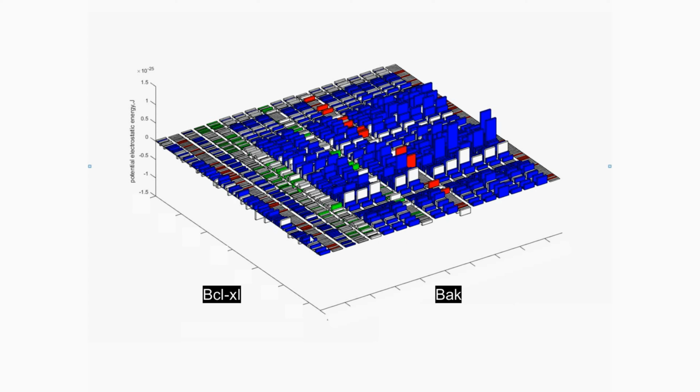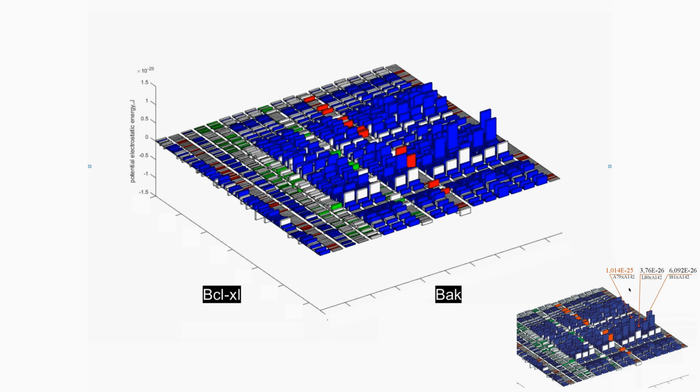Let us consider in more detail a three-dimensional map of pairwise electrostatic interaction of two polypeptide chains. Along one axis we plotted amino acid residues of the back peptide, in which the amino acid residue will be replaced. On the other axis we have the amino acid residues of the BCL-XL protein. We see a positive area of potential energy. Let us consider in more detail the peaks in the region of the maximum positive value of the potential energy of electrostatic interaction.